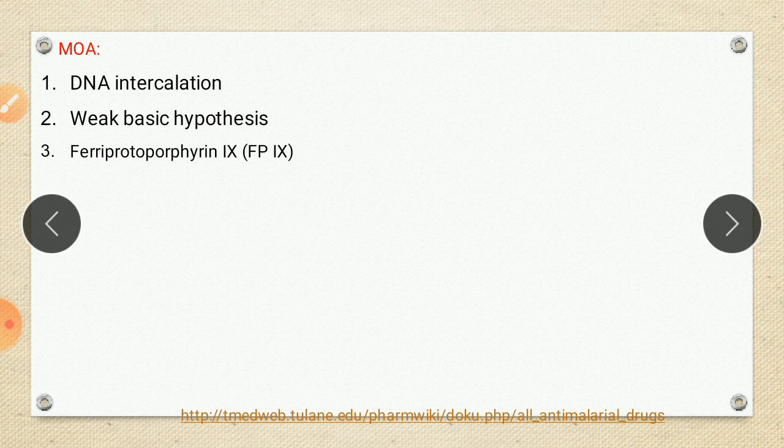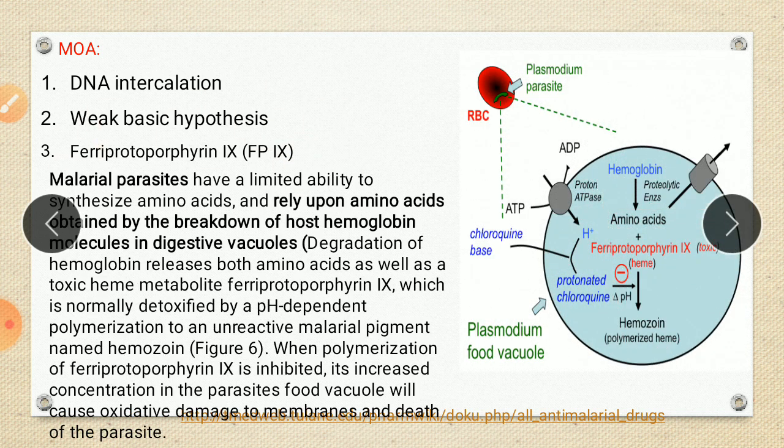Now the third one, the last and important mechanism of action, and it is thought to be the main mechanism of action of this drug, is on ferriprotoporphyrin 9. The malaria parasite has limited ability to synthesize amino acids and relies upon amino acids obtained from hemoglobin.